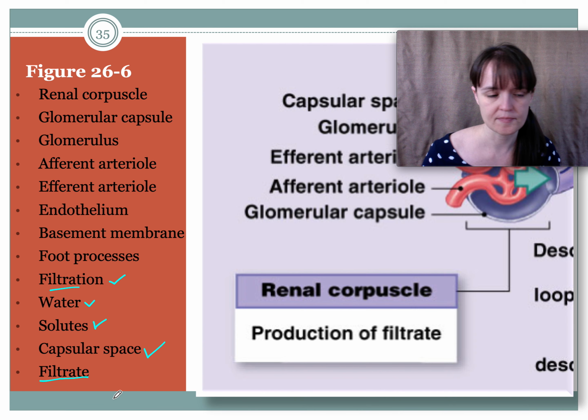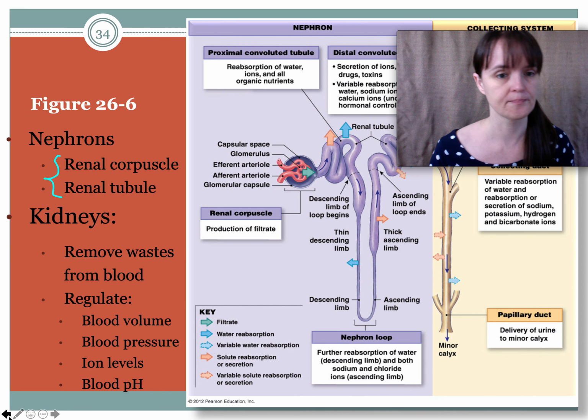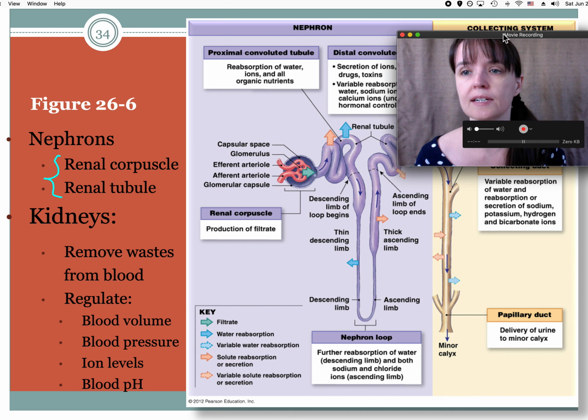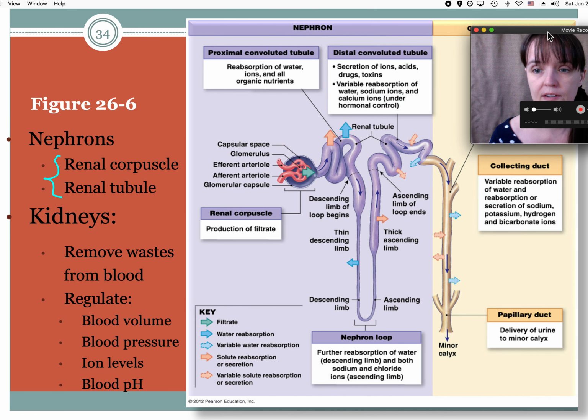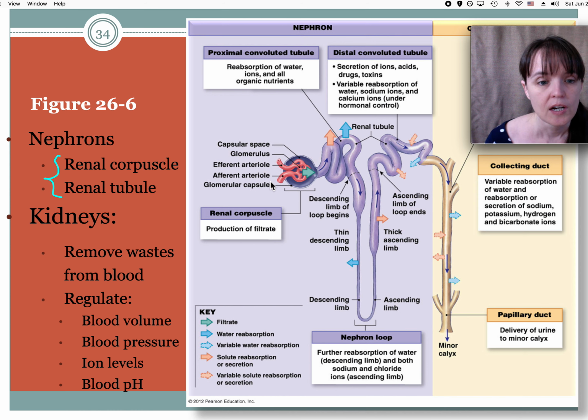So let's break all of that down, shall we? Okay, so the renal corpuscle and the renal tubule are the two main parts of the nephron. The renal corpuscle has this cap that surrounds it, and that's the Bowman's capsule or glomerular capsule, and then the knot of capillaries.